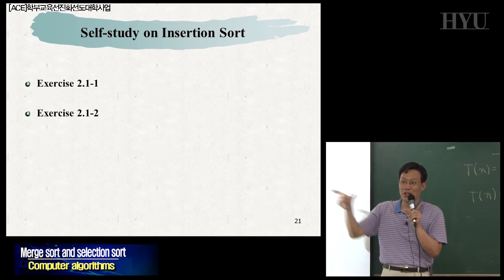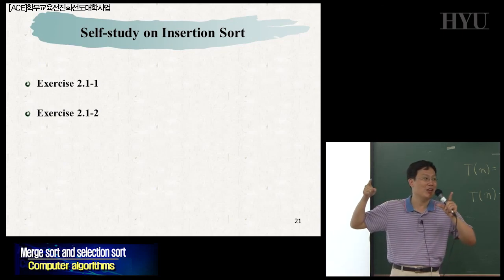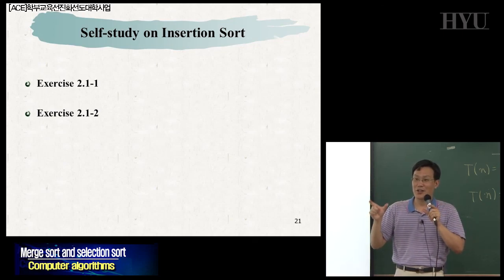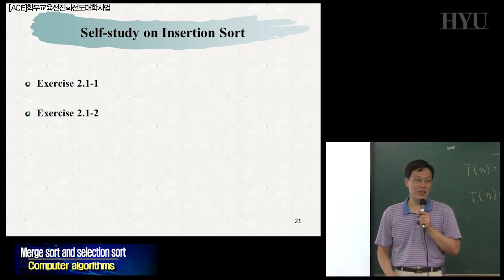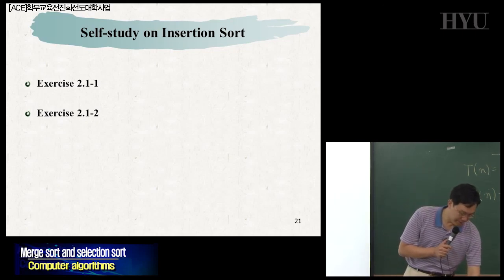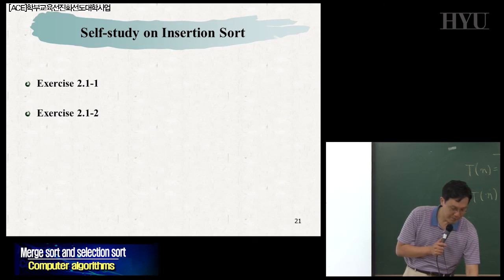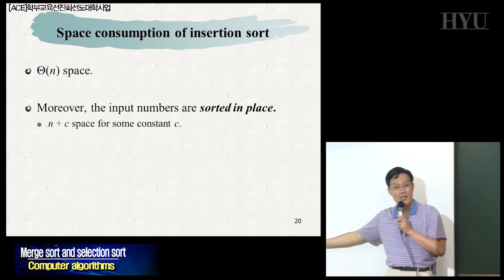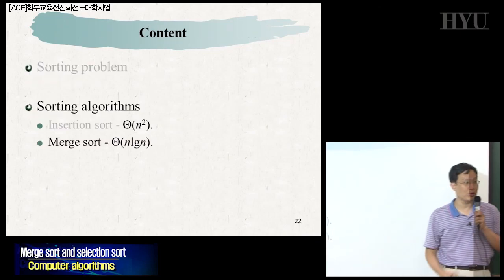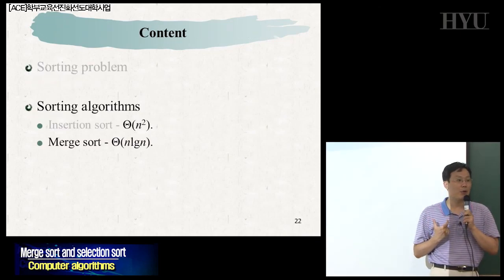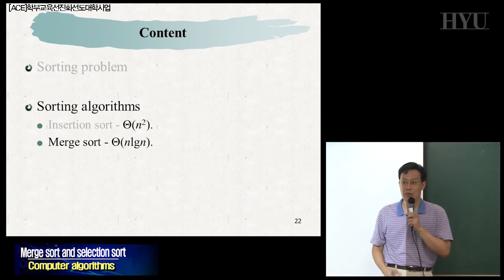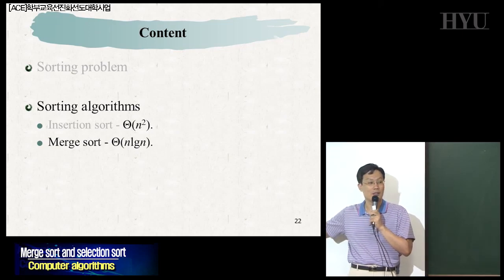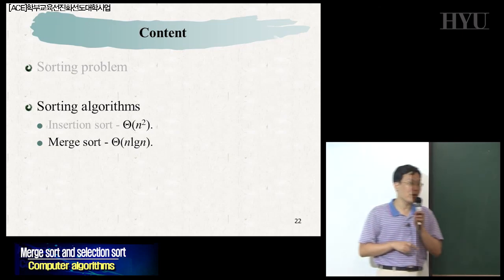When we merge two sorted arrays, we need an additional array to store the output. So, it isn't stable. So, even though the merge sort is faster than the insertion sort, its memory requirement is higher than the insertion sort. So sometimes you cannot run merge sort because of the memory requirement.